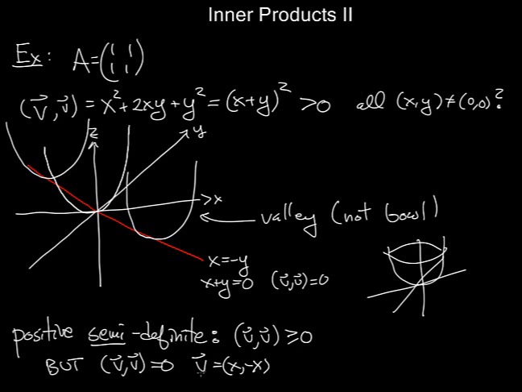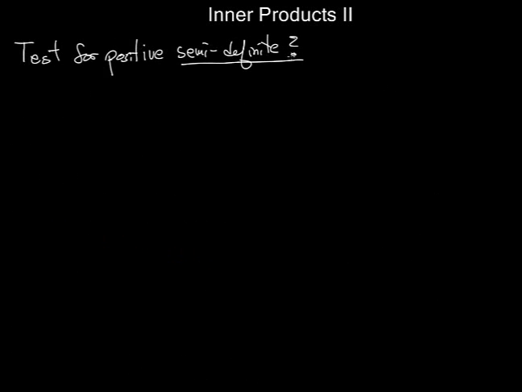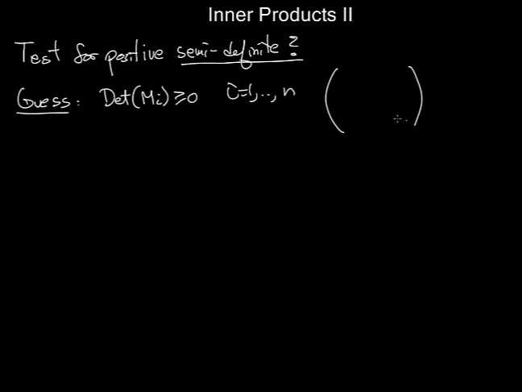Okay, so I want to go on now and talk about positive semi-definite matrices. So the question is, what is a test for positive semi-definite? Well, there's an obvious guess, which is, why not take the upper left-hand corner matrices, these Mi's, and the determinants need to be greater than or equal to 0 instead of just greater than 0.